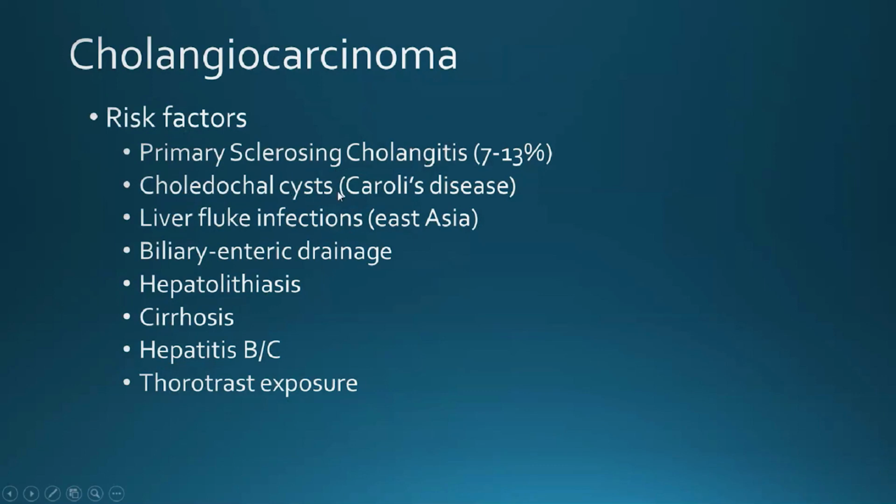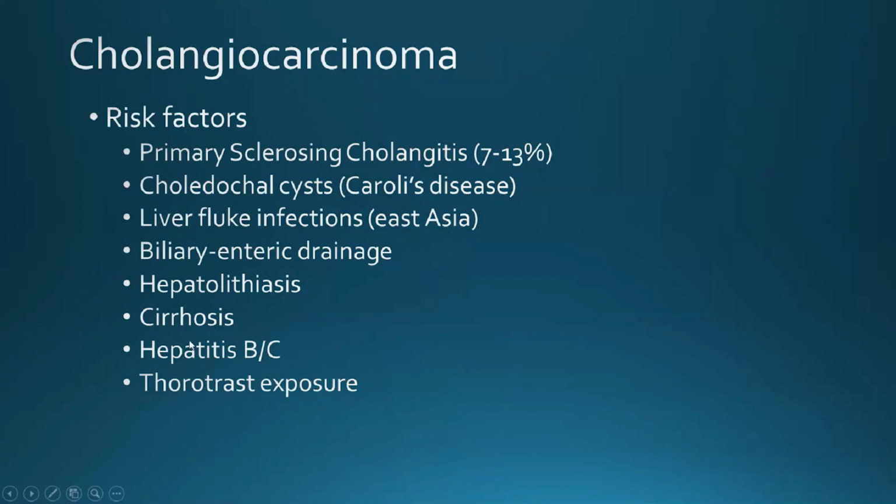Patients with choledochal cyst or Caroli's disease have a higher incidence of cholangiocarcinoma. Liver fluke infection in Southeast Asia and biliary enteric drainage may increase risk of cholangiocarcinoma. Hepatolithiasis and cirrhosis also increase the risk of developing cholangiocarcinoma, but not as much as hepatocellular carcinoma.